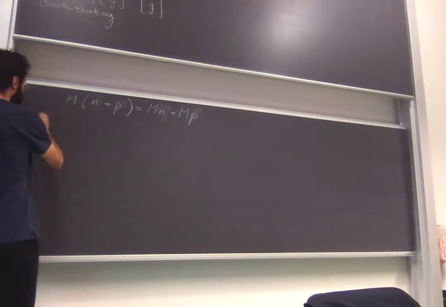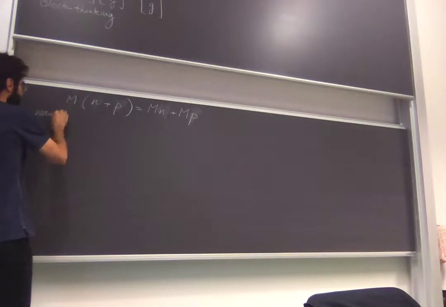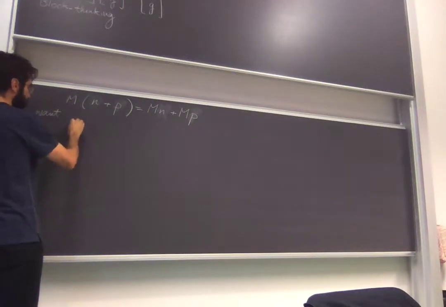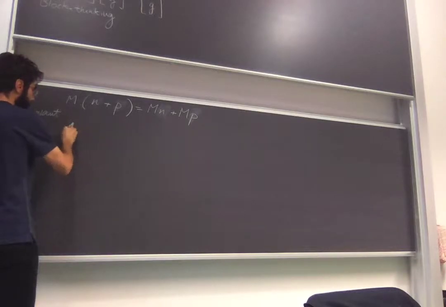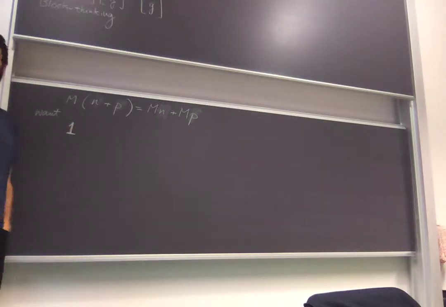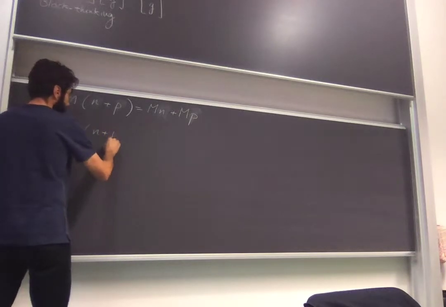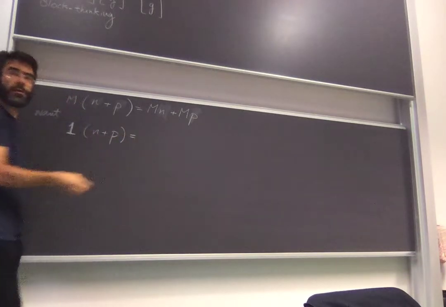So we want to have something like an identity. Okay, let's call it 1, let's call it fat 1, to indicate that it's a special identity. But in fact, it's not that special. It's just the identity on the vector space.